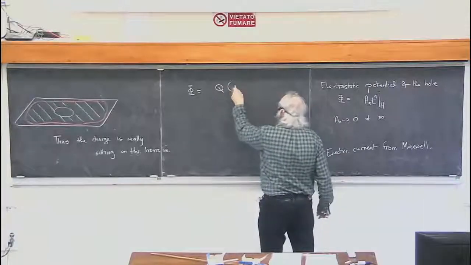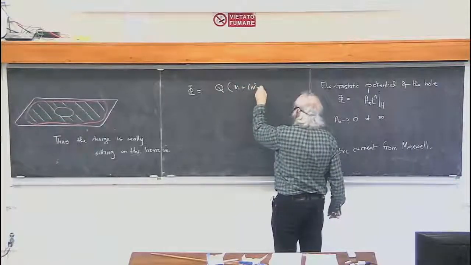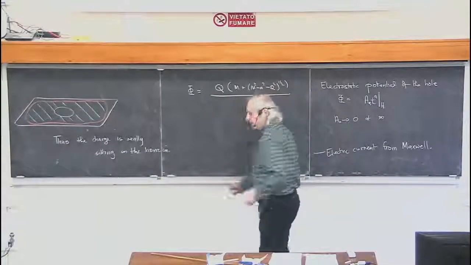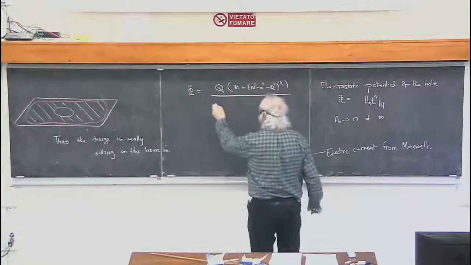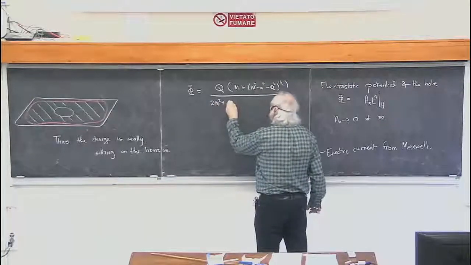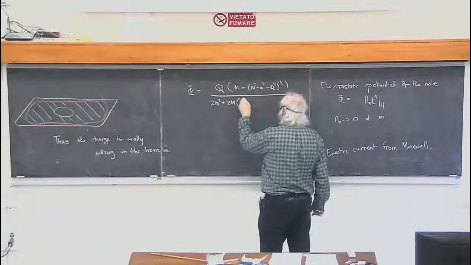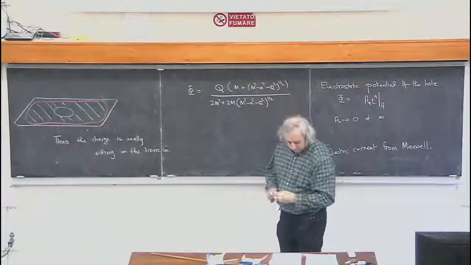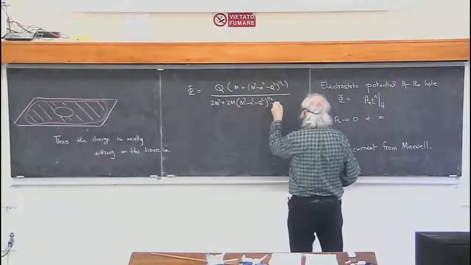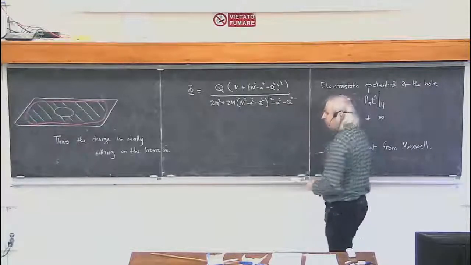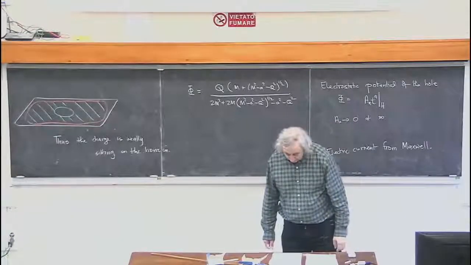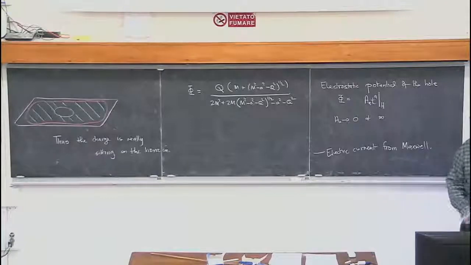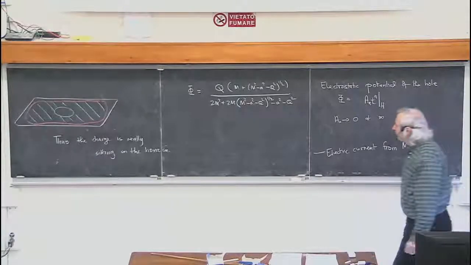The mess is m plus (m squared minus a squared minus q squared) to the 1/2, divided by 2m squared plus 2m times (m squared minus a squared minus q squared) to the 1/2, minus a squared minus q squared. And that's the electrostatic potential. Again, notice that this does not depend on where you are on the horizon.